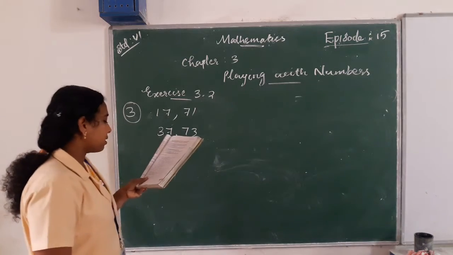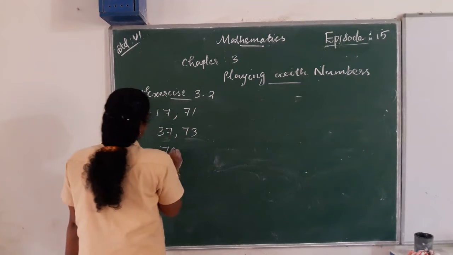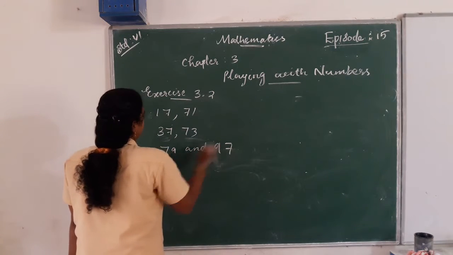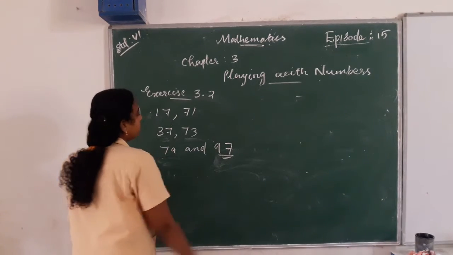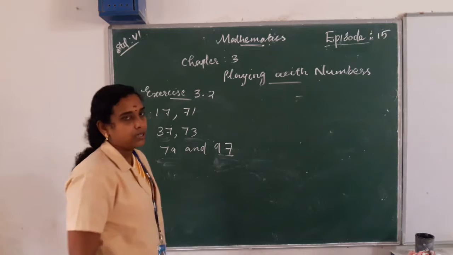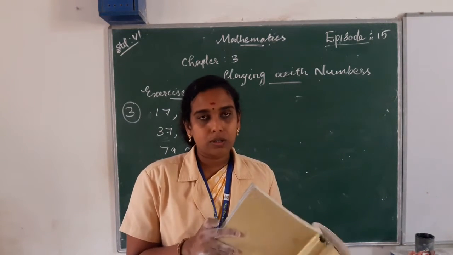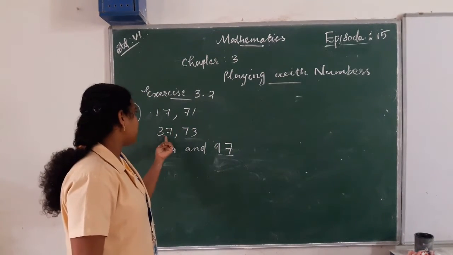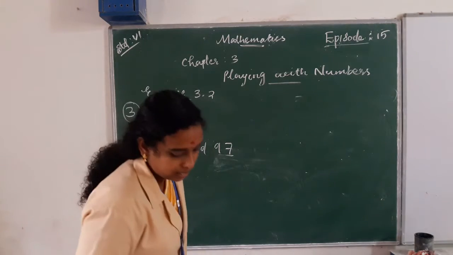Then the third pair is 79 and 97. 79 and 97 are prime numbers and they have the same digits. So these are the pairs of prime numbers having the same digits up to 100: 17 and 71, 37 and 73, 79 and 97.